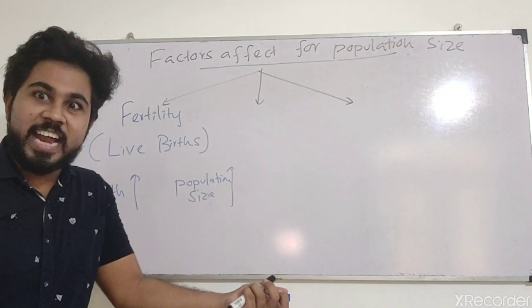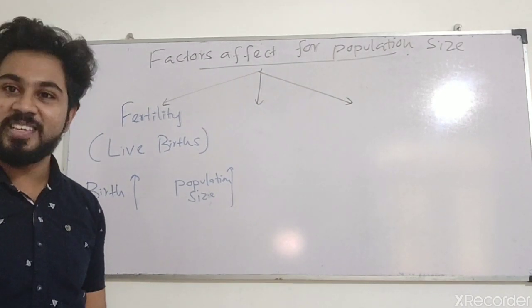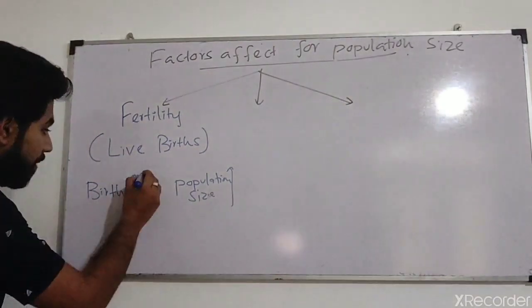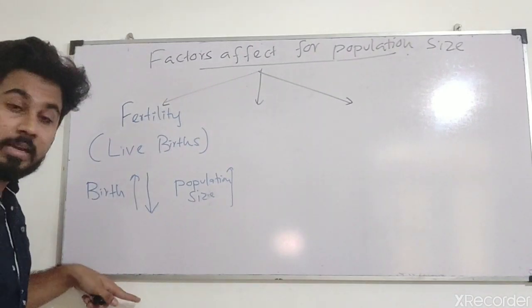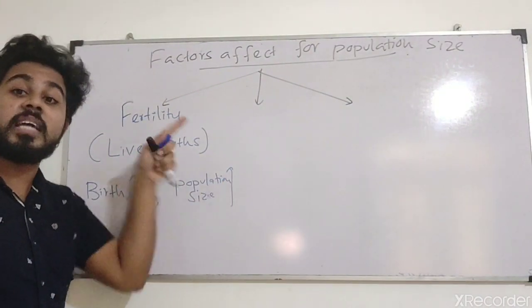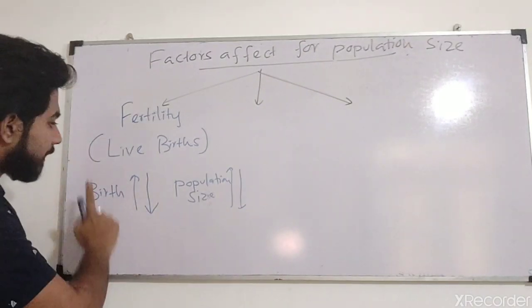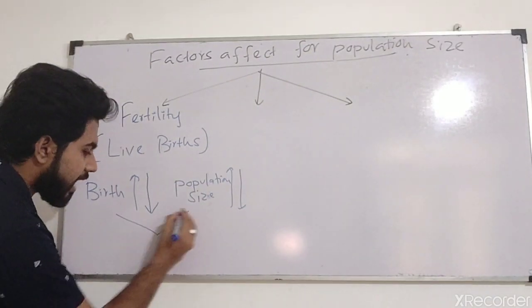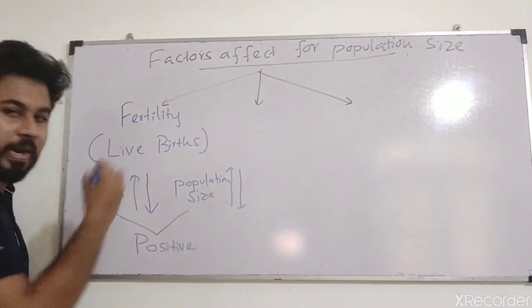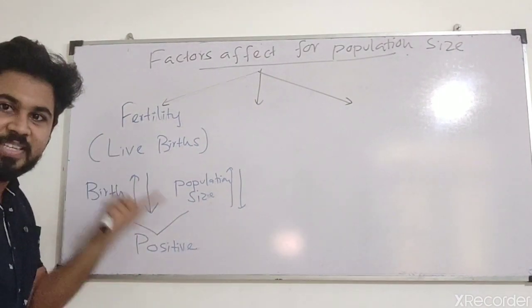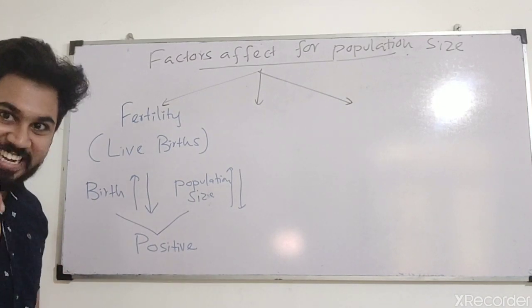If we can generate more and more babies in a country, definitely we can increase the population size. And simultaneously, if the number of live births decreases, what will happen? The population size also will go down. That means birth and population size have a positive relationship. If births increase, population increases. If births decrease, population decreases. Clear? Right.